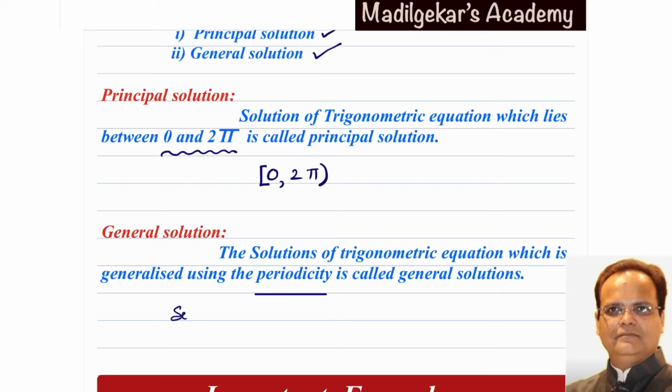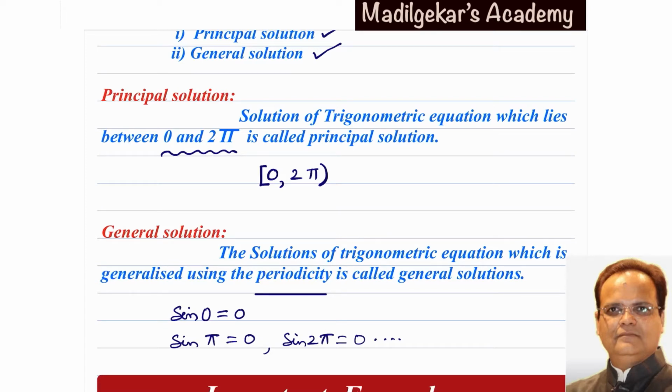For example, we know sine 0 is 0, sine pi is also 0, sine 2 pi is also 0, and so on.